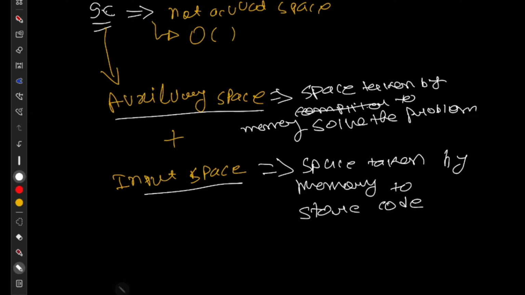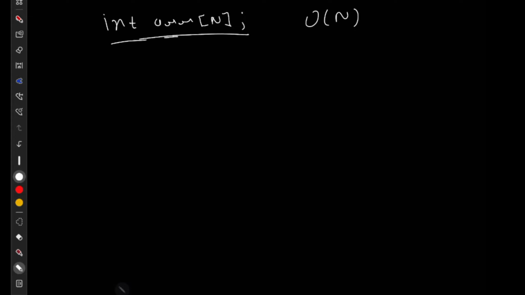How do we write space complexity? Let's take an example. When I declare an array of integer type of size n, I can say that the space complexity of this array will become Big O of n. Why? Because in memory it will take n size to solve the problem.